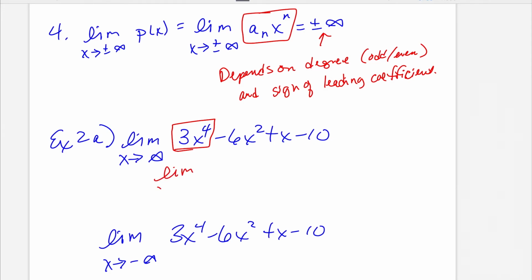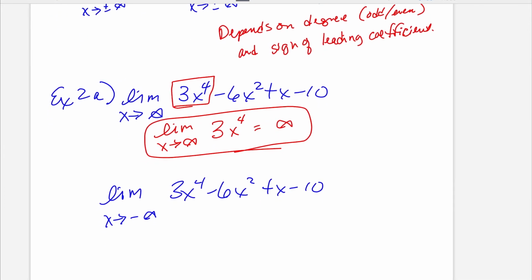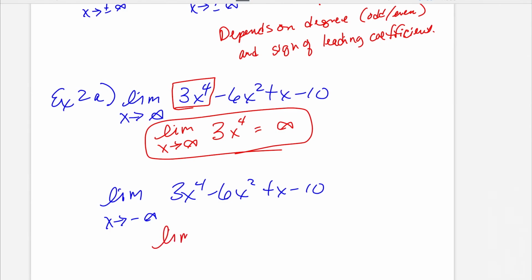So when I take my limit as x approaches positive infinity of a positive number here that I'm looking at of x to the fourth, and the fact that this is even, so it's always going to be a positive no matter what, this whole thing goes to positive infinity. All right, it's a polynomial. I know it's going to be infinite, and it goes to positive infinity. What if I'm looking at negative infinity?